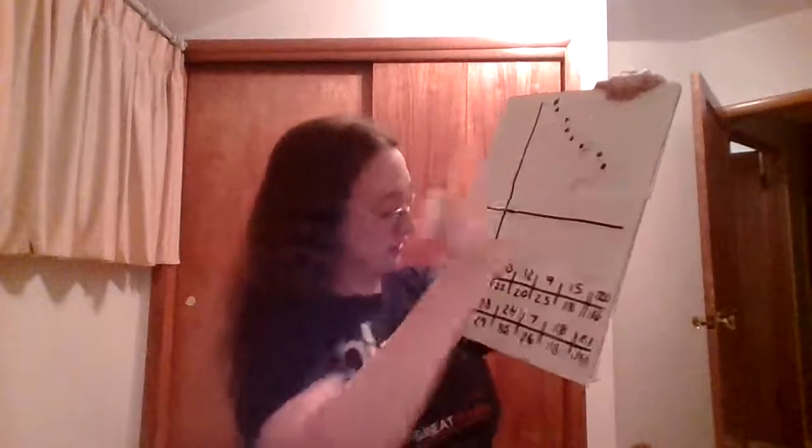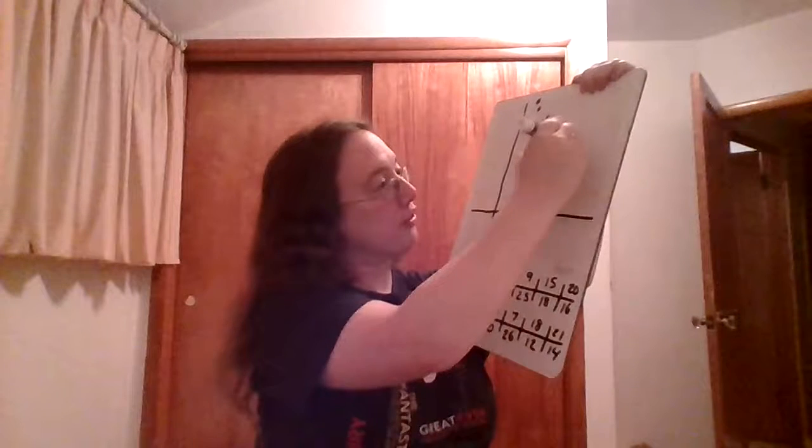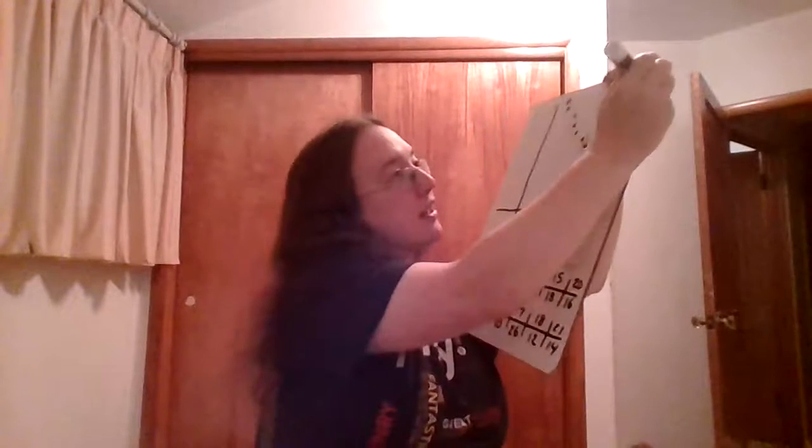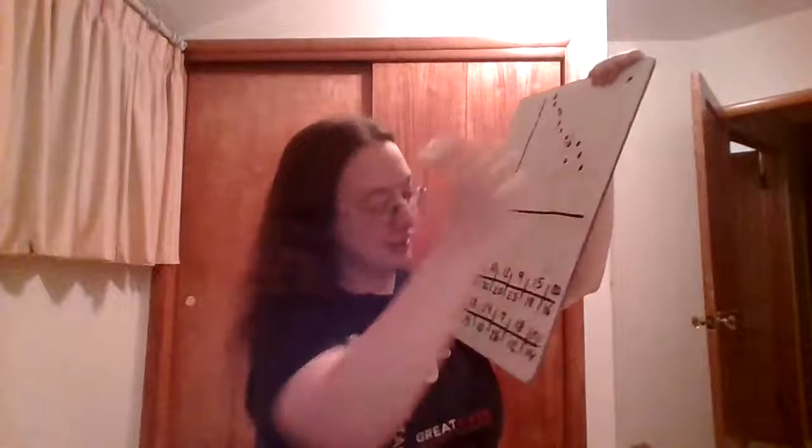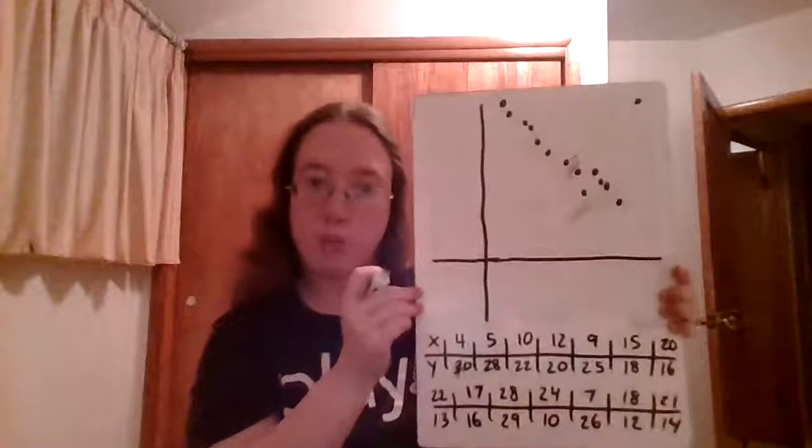Hopefully you can see these dots. 15, 18, 20, 16, 22, 13, 17, 16, 28, 29, kind of over here, 24, 10, 7, 26, 18, 12, 21, 14. And there are our points. Cool. So that's the graphing bit.